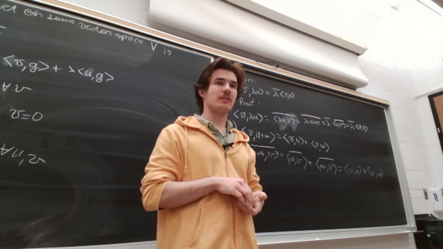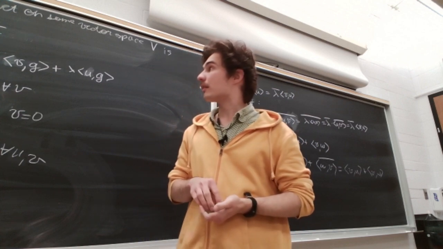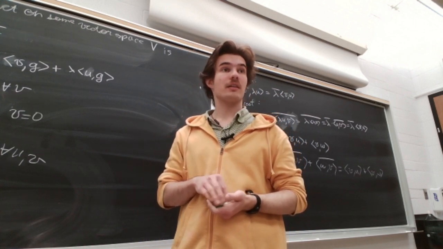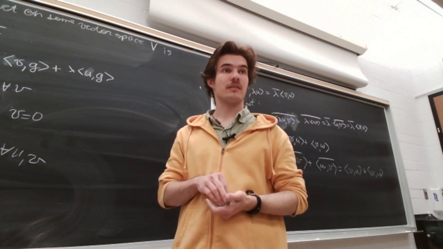So you could add these two properties together into one, which just has the scalar conjugated. You know how you usually combine addition and multiplication into linearity? You could do the same thing here.